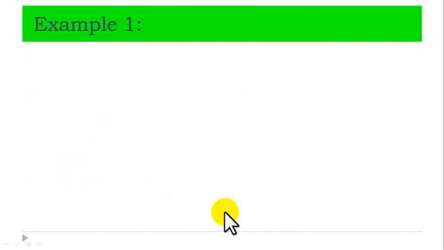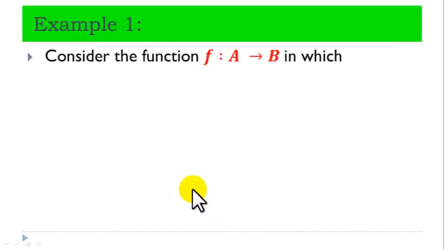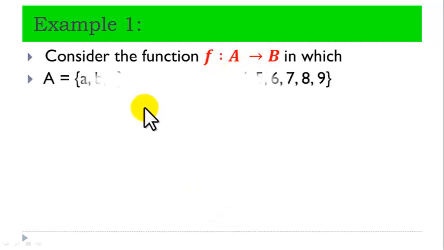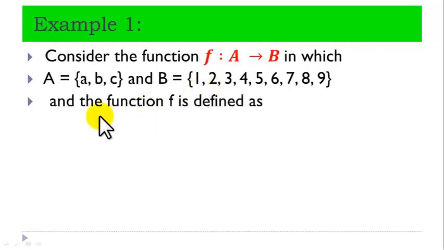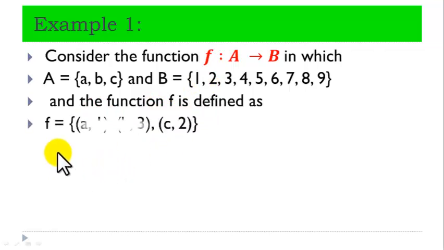Example number 1. Consider the function f from A to B, in which A is a set of elements a, b, and c, and B is a set of elements 1, 2 to 9. And the function f is defined as follows: f equal to the set of ordered pairs (a,1), (b,3), (c,2).